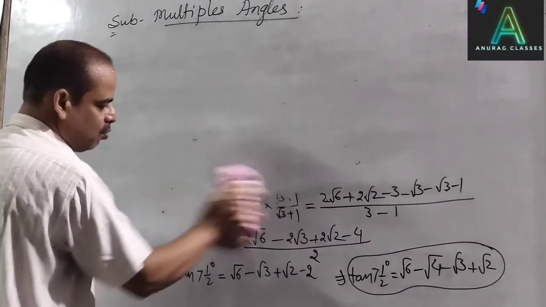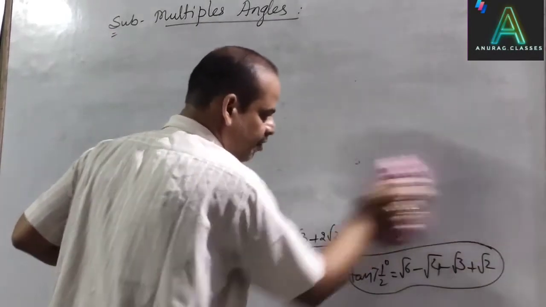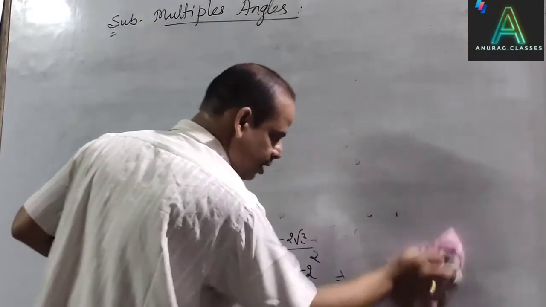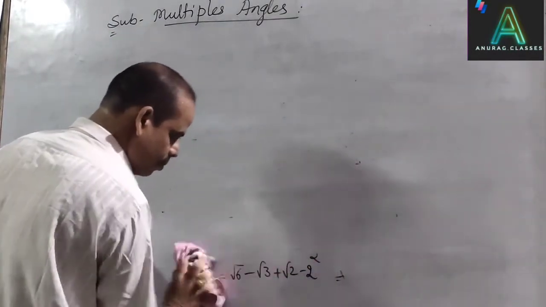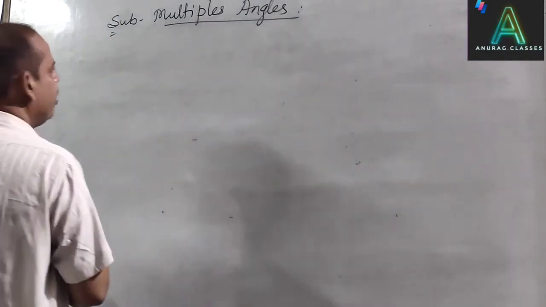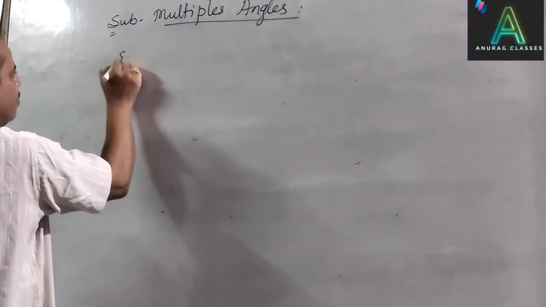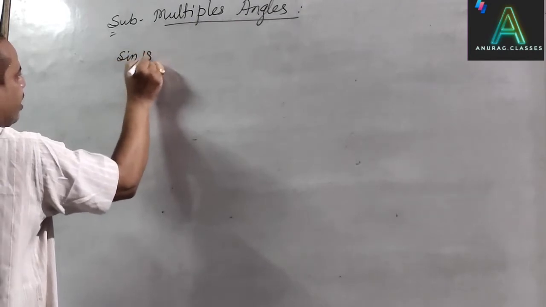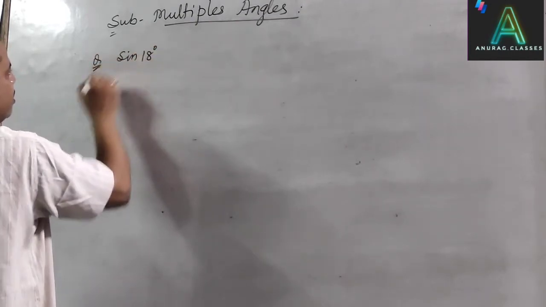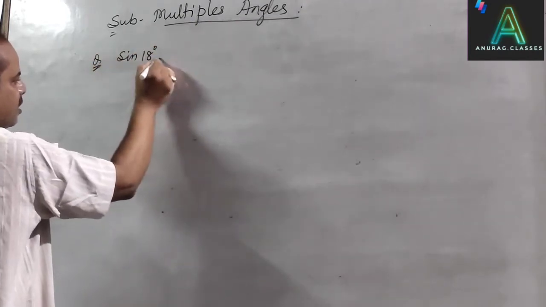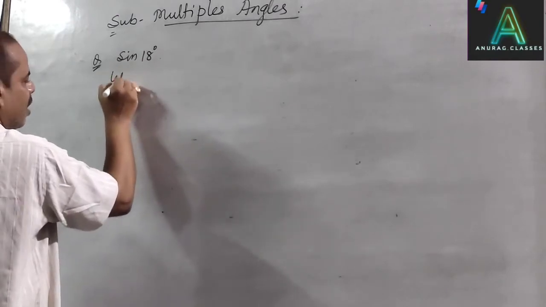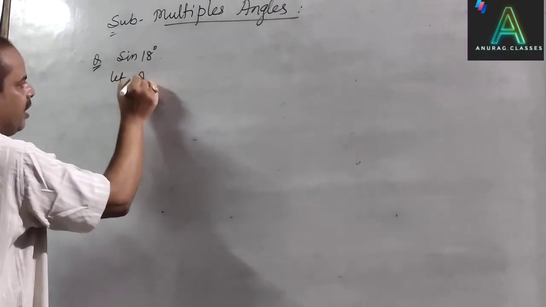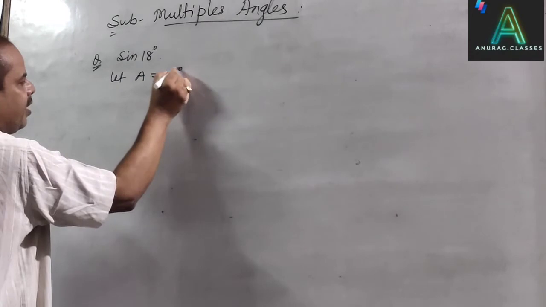So let us try to find the value of sine 18 degrees now. So how to find the value of sine 18 degrees? For this, you have to do the following step. Let A is equal to 18 degrees.